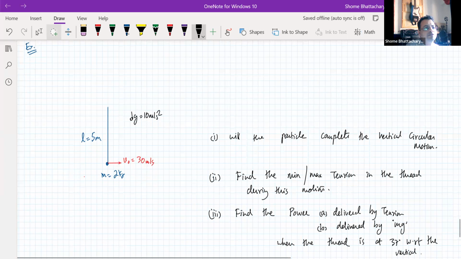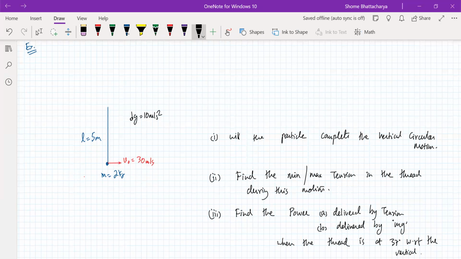Okay, so the first part will give you a bit of revision of vertical circular motion, even the second part, and the third part of course we'll discuss in relation to power that we're discussing right now, power delivered by net force in case of circular motion.